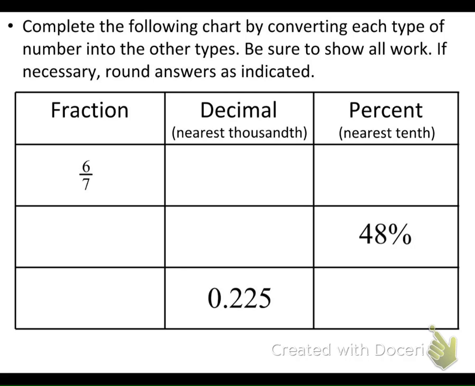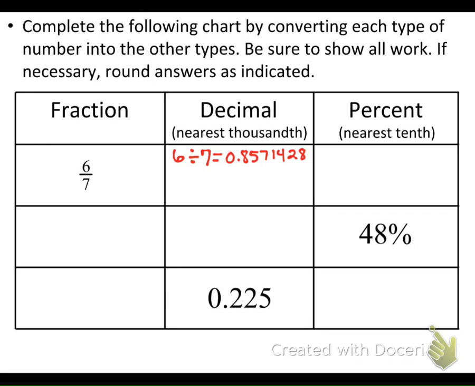How do I change a fraction to a decimal? Divide. Good. So I'm going to show my work. I'm going to put 6 divided by 7 equals, when I type in 6 divided by 7, what do I get? 0.857142857. Okay, I'm going to run out of room.